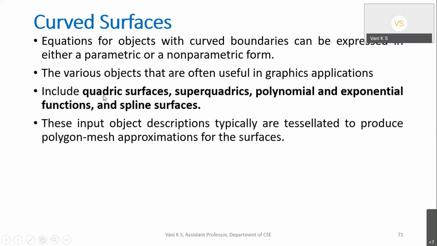That is a quadratic equation, to the power of 2. And more than that, we call it polynomial. That is any surface which has a polynomial equation of degree 4 or 5 or greater, or exponential. But these are all very difficult to construct because as the degree of the polynomial increases, complexity increases, construction becomes very difficult and it takes more time for calculation.